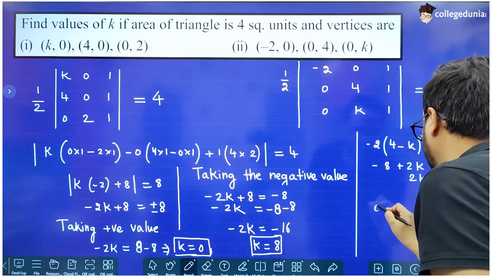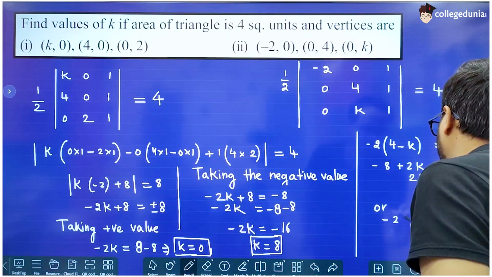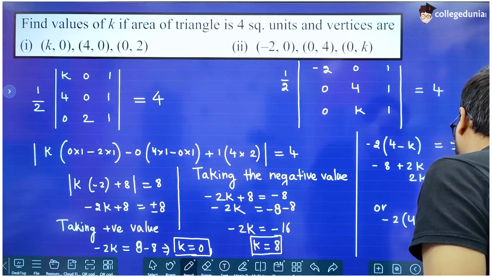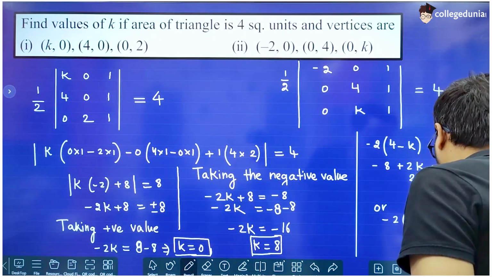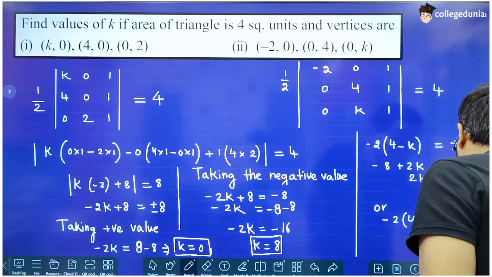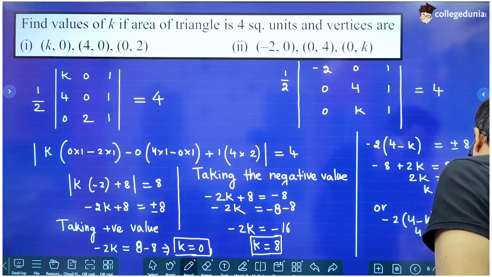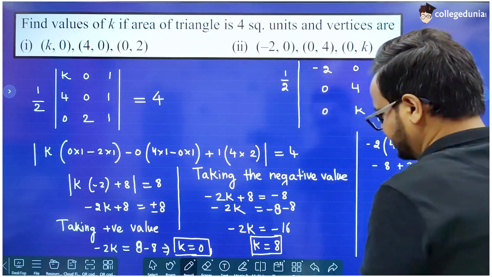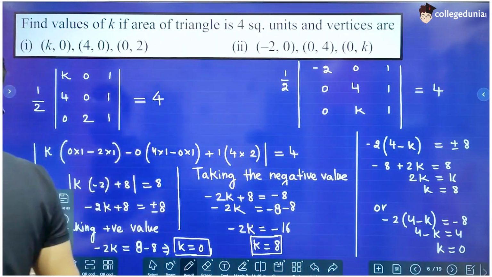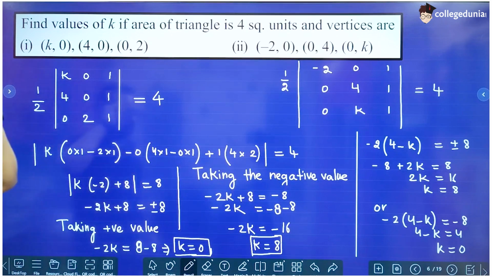Or taking the negative value, minus 2 into 4 minus k equal to minus 8. 4 minus k is 4, k is 0. So both the parts have the same answer, right? Next.